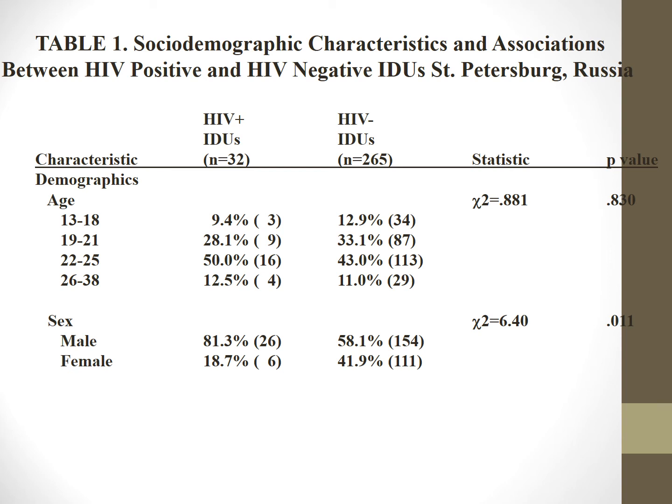And look again at the chi-square statistic. You can see it's less than 1 for the non-significant first statistic by age, and 6.4 chi-square result for the significant. So again, as it goes up, it's more likely that you have a significant p-level.